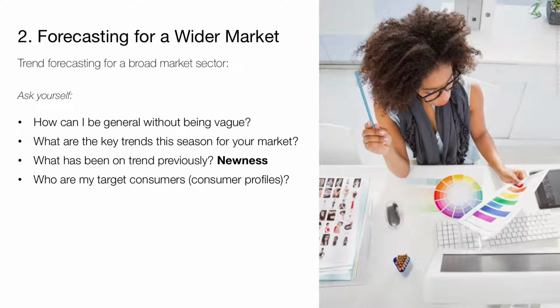And also colour palettes will need to be fresh, so you need to be considerate of this at the same time. Who are your target consumers, your consumer profiles that you want to target with these trends? Make sure that the trends are appropriate and will sell to these consumers. The outcome would be a physical trend publication that brands could purchase within that market sector, and/or digital trends on websites.